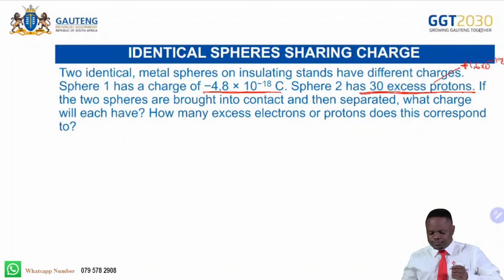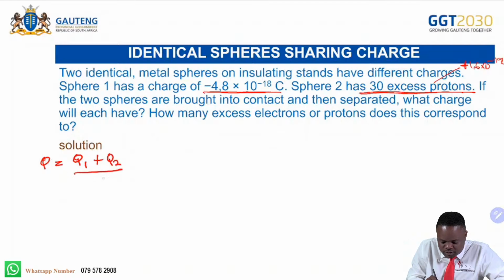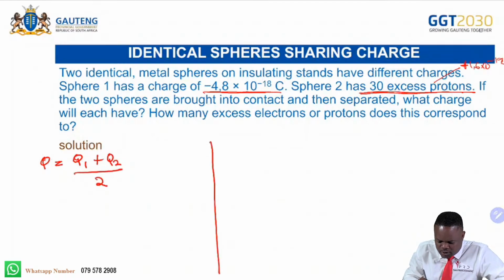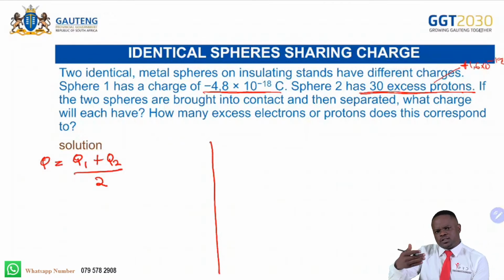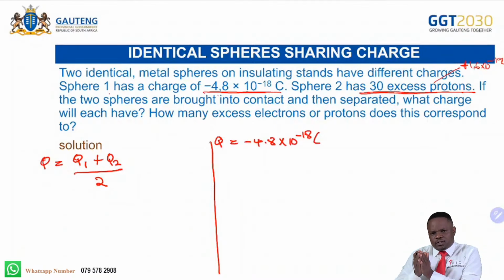So the first step, if we want to get our new charge after contact, our formula states that Q is equal to Q1 plus Q2, divided by 2. We go to our question and ask, what is our Q1? The charge on sphere 1, we know it. Our Q1 is negative 4,8 times 10 to the power negative 18 coulombs. How about our Q2, the charge on sphere 2? You're told sphere 2 has 30 excess protons.